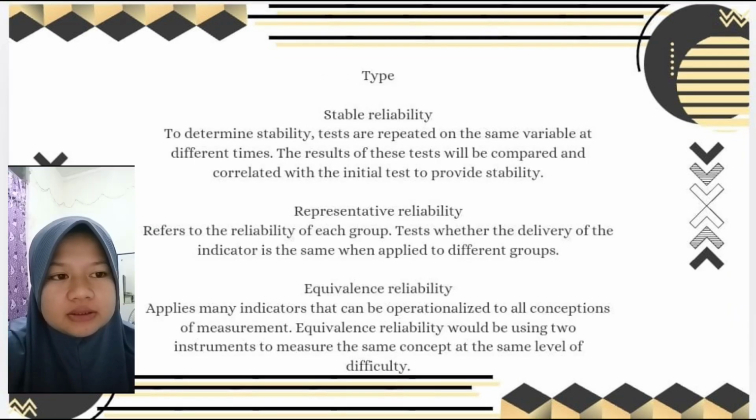The next slide, types. Stable reliability. To determine stability, tests are repeated on the same variable at different times. The result of this test will be compared and correlated with the initial test to provide stability.